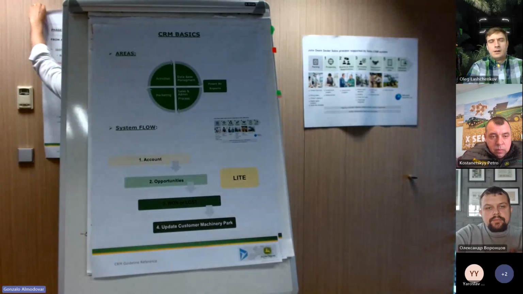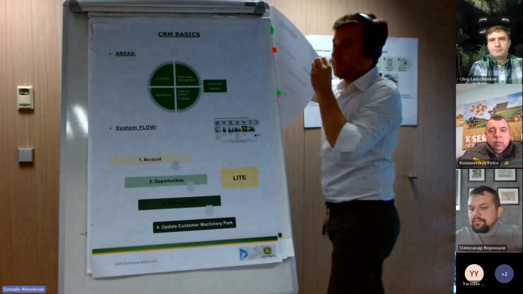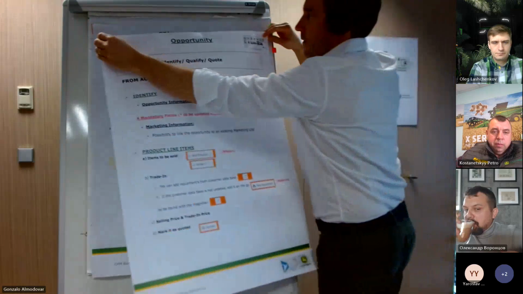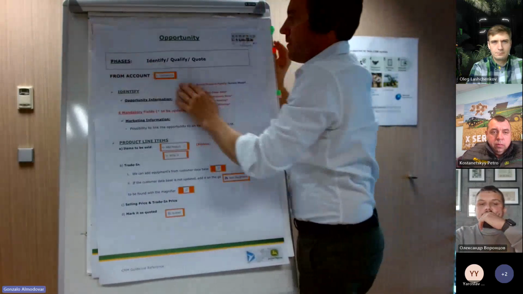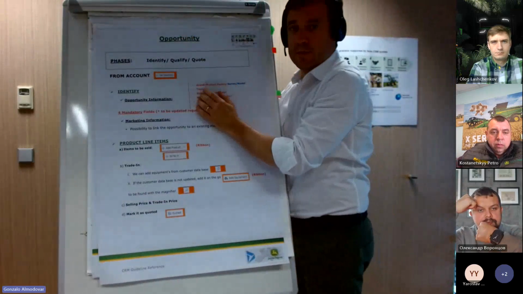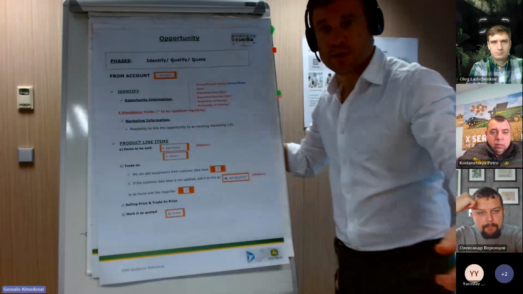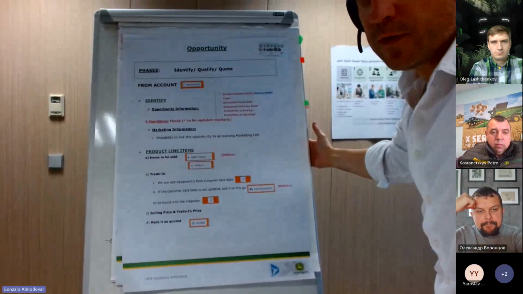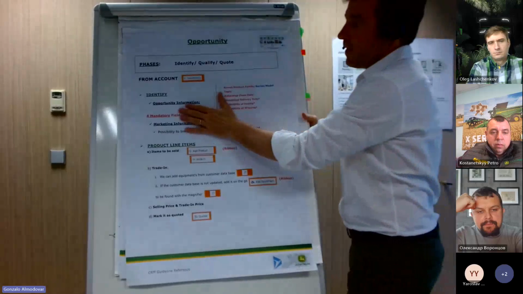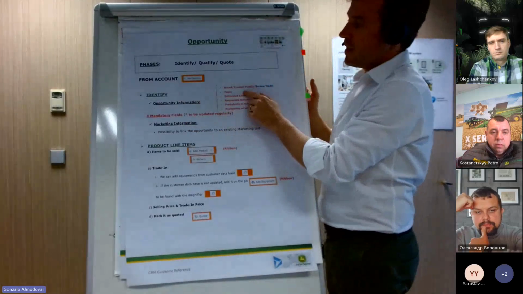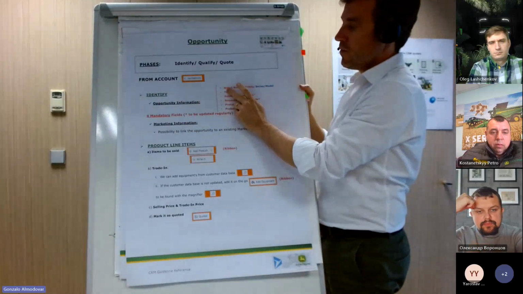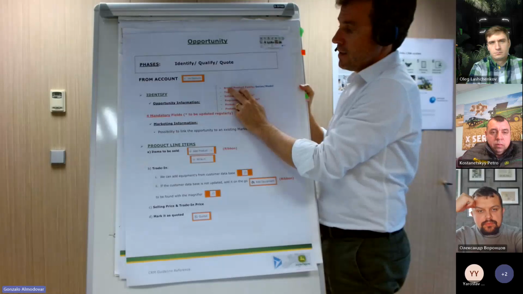Good. So in my guidelines, you can find it opportunity. We always start from the account by pressing plus new opportunity in the ribbon or in the box, like we've seen many times. There you can find mandatory information, which is first brand and product family, at least.